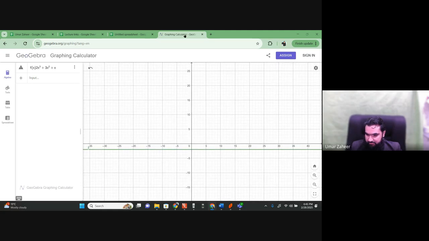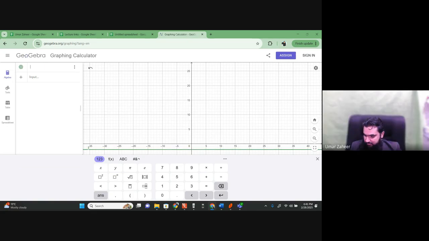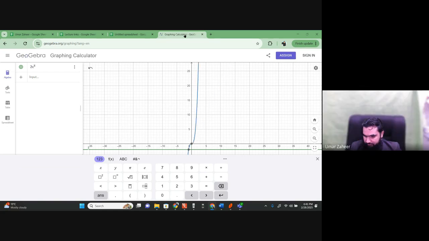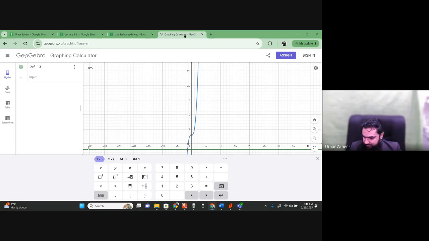Oh, where's the graph? Sir, plus 1 or plus x? Plus x, but where does it go? Let's do it again. What is the equation? 2x cube plus 3x squared plus x.